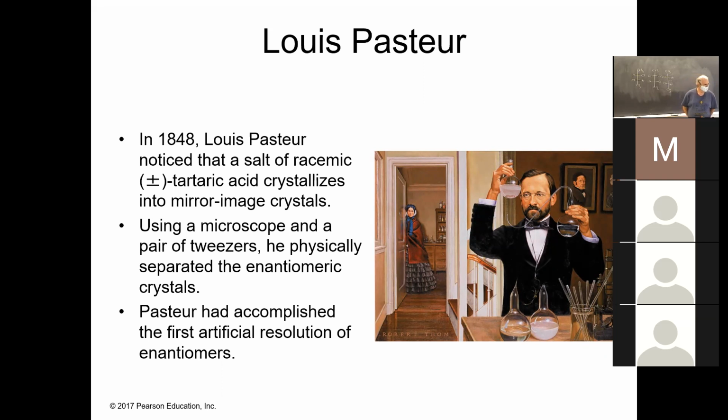One particular compound that occurs in wine is tartaric acid. There are actually three stereoisomers: the enantiomeric pair, plus and minus, and then a meso tartaric acid.